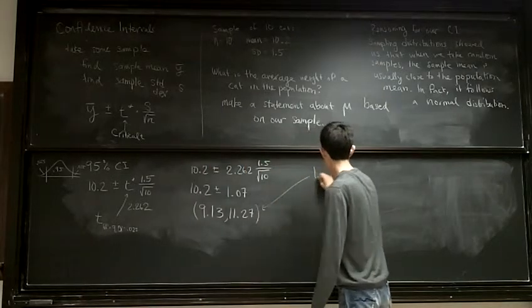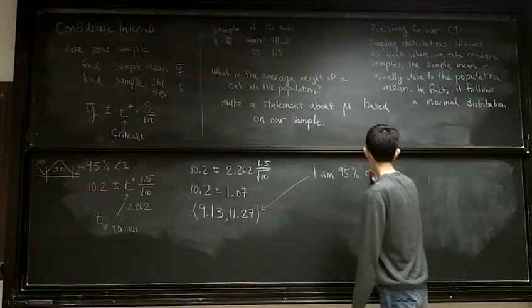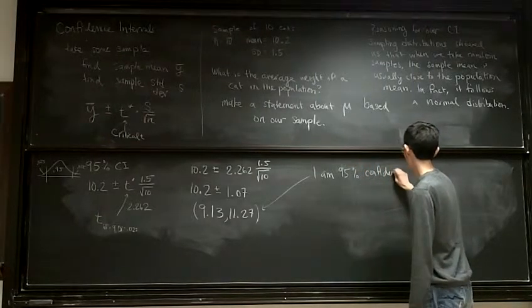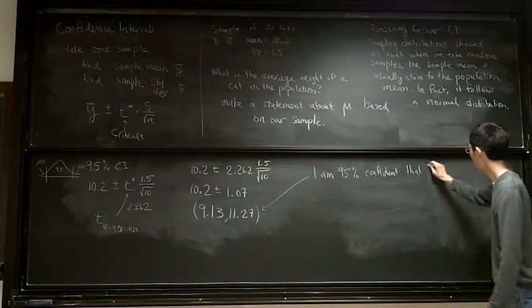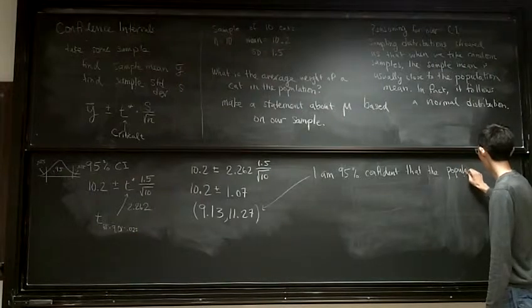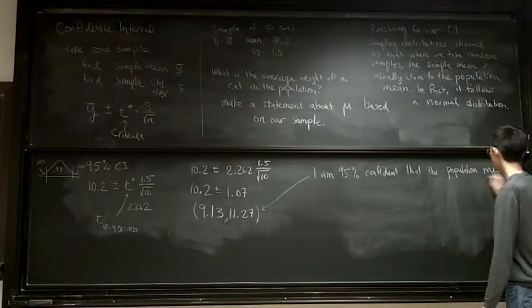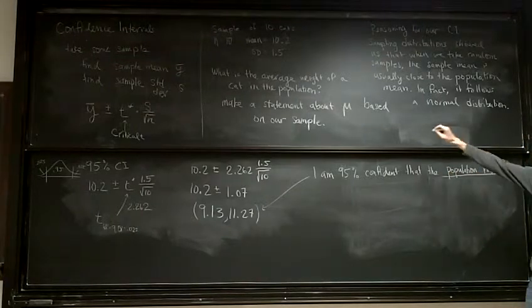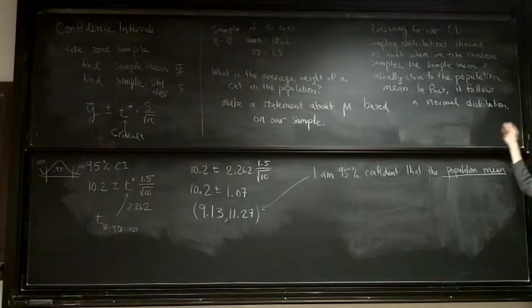Say, I am 95% confident that the population mean, alright, so again we're making a statement about mu, not about our sample, because we already know what our sample looks like.